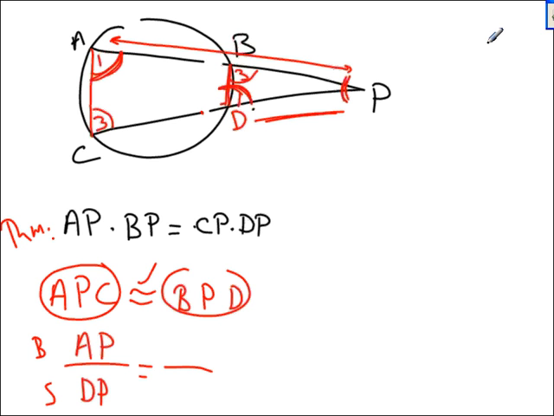Top better be the big, bottom better be the small. You want to put the smalls on the top and the bigs on the bottom, fine. But you have to be consistent. In the big, we have AP by BP.